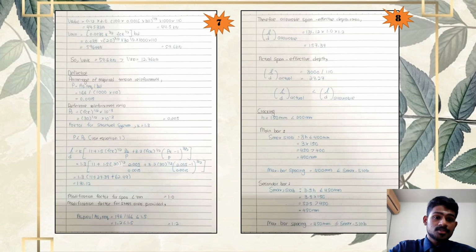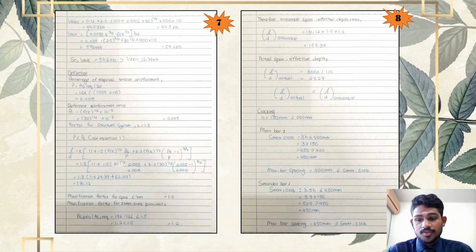Now I'm moving to the next step, which is to find out the VRDC. We already have the previous values, so you can replace them into the formula and you will get the VRDC as 44533 Newton. We should convert it to kilonewton, so you will get 44.5 kilonewton.